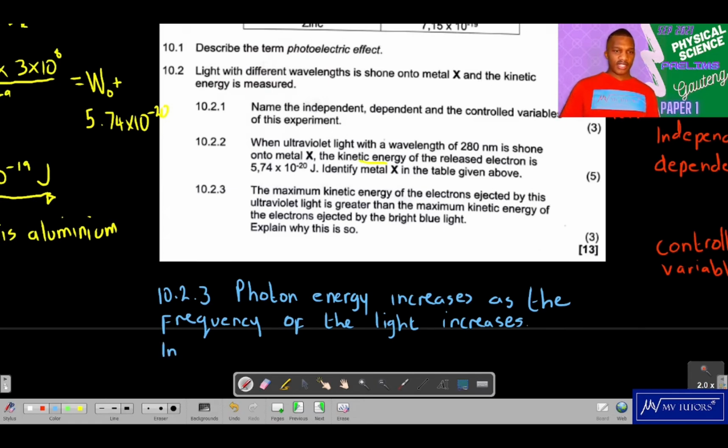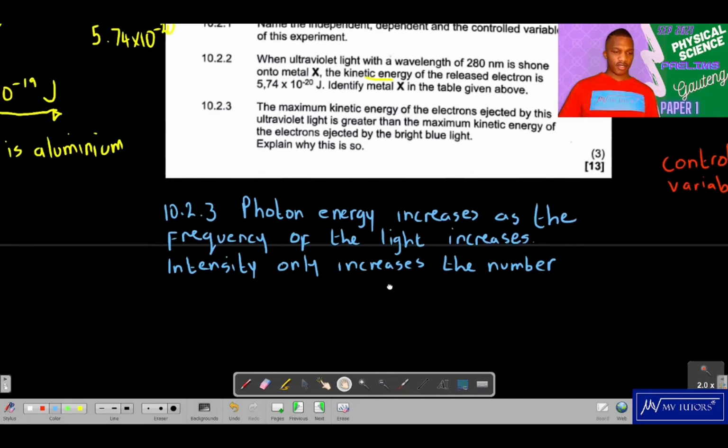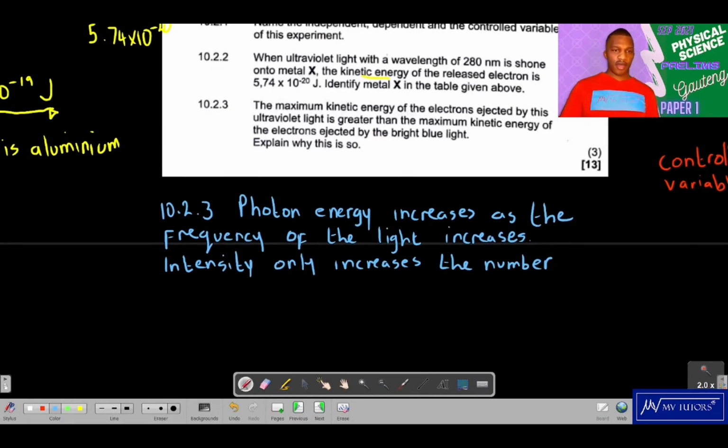Then the intensity only increases the number of electrons, not their average kinetic energy.